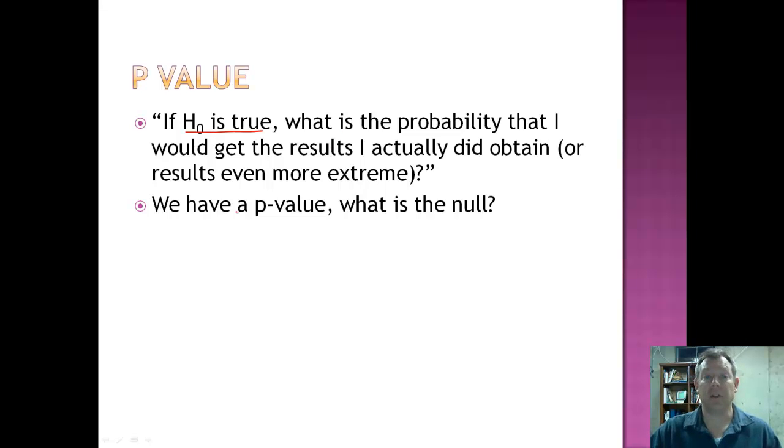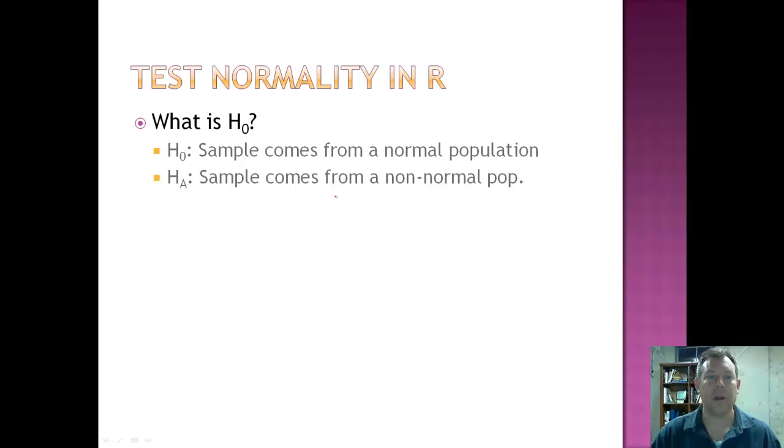Okay, so we're going to reject the null, but what is it? I haven't told you what the null is. And for this test, the null is that the sample comes from a normal population. Okay? Now, you didn't know the null, and that's fine because you're just learning this test for the first time. Normally, you will be setting up the null in your experiment. This test, the null is already set up for you.